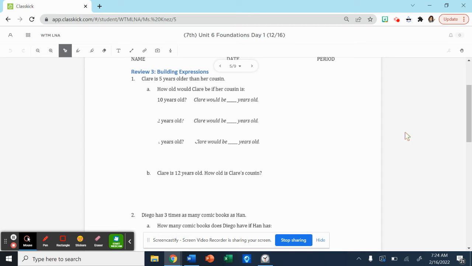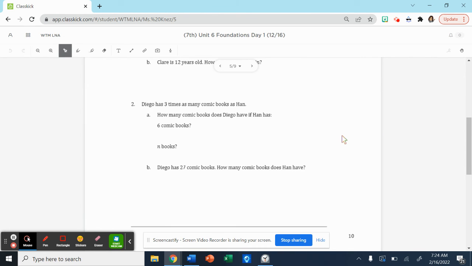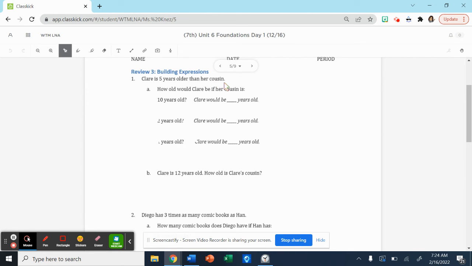On slide 5, you're being asked to write some expressions to represent different situations. For example, if Claire is 5 years older than her cousin, how old would Claire be if her cousin is 10 years old, 2 years old, and this right here says n years old. N meaning any number of years. We know that if Claire is 5 years older than her cousin, if Claire's cousin is 10, Claire would be 15.